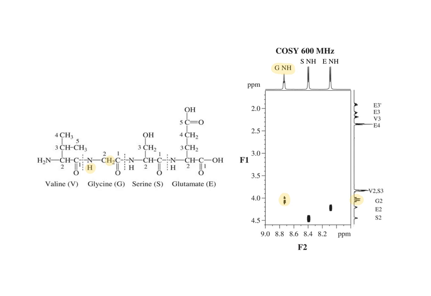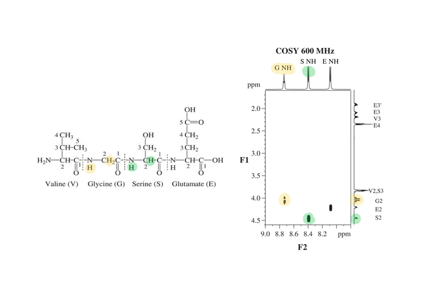Likewise, for the next NH, we can see a cross peak with a single proton at the alpha position. Only later can we determine that it is this correlation specifically for serine.